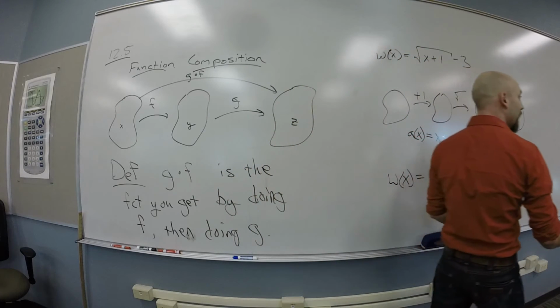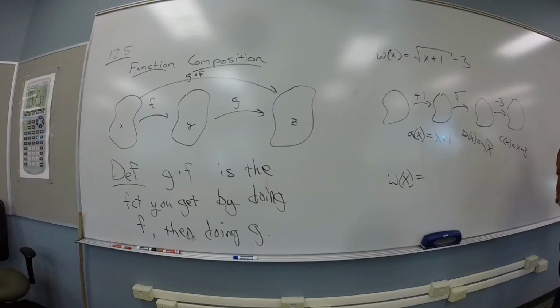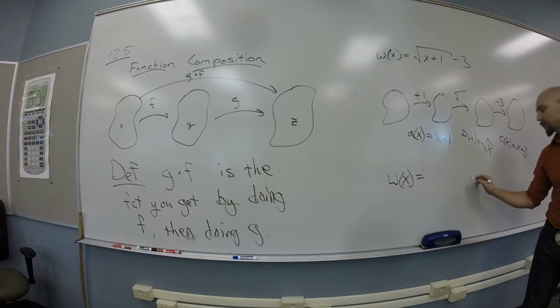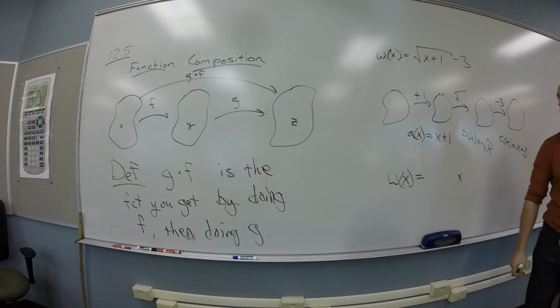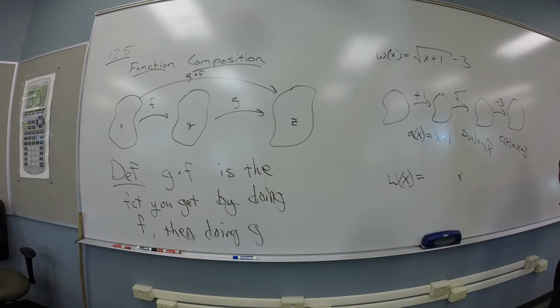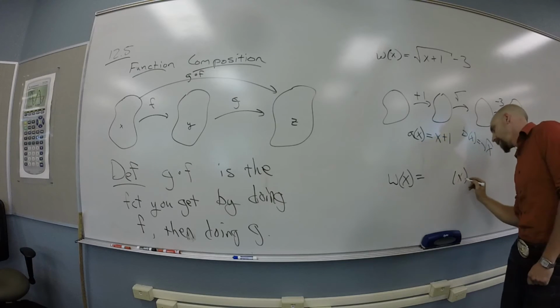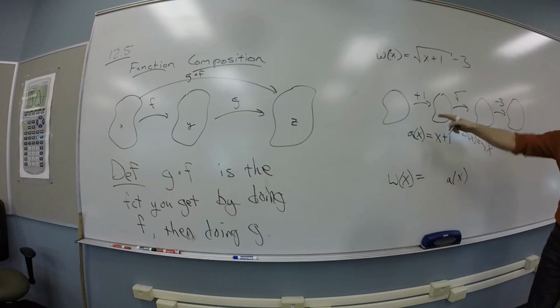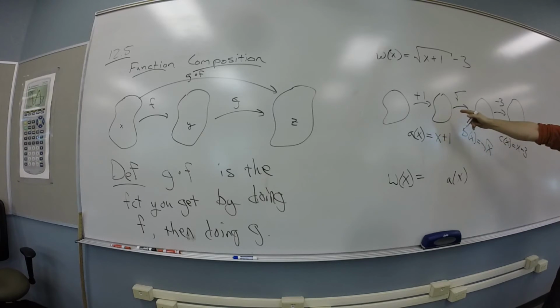So the way I get these right, because I do this same backwards thing that you guys do, is I think, okay, I start with an x, and then what's the first thing I do to it? A. I do A to it. And then after I've done A to it, I'm here. So now what am I doing to it?